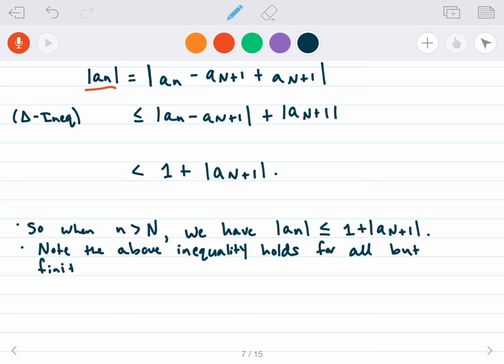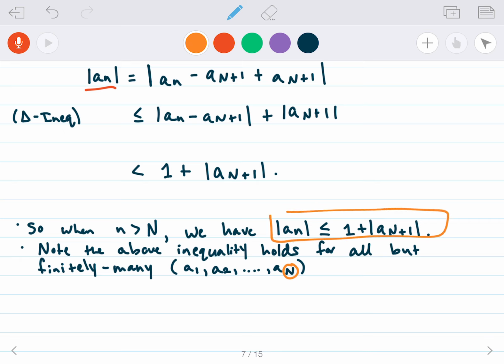And the finitely many terms are, let's put it in parentheses, a sub 1, a sub 2, all the way up to a sub capital N. We know that when little n is bigger than this, this guy is bounded. But we don't know what happens when little n is less than or equal to capital N. So we need to argue that even in this case, we still have a bound.